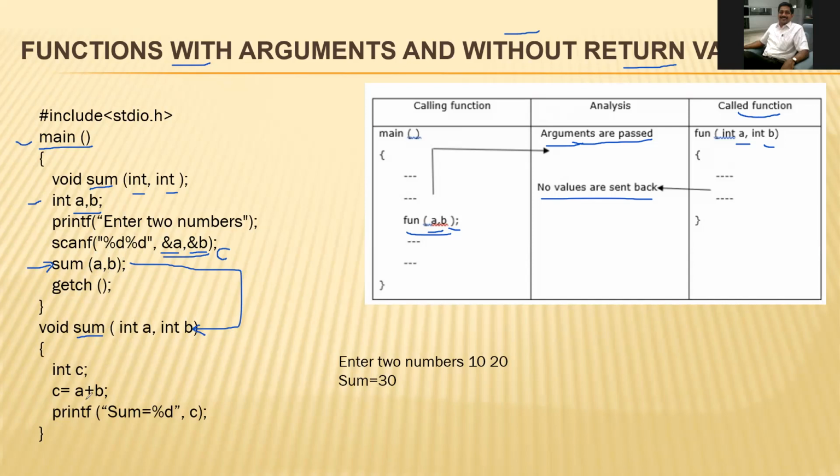What is that? C is equal to A plus B. The A value will be taken from the calling function, the B value will be taken from the calling function, and C is calculated. The values are actually passed from the main function.